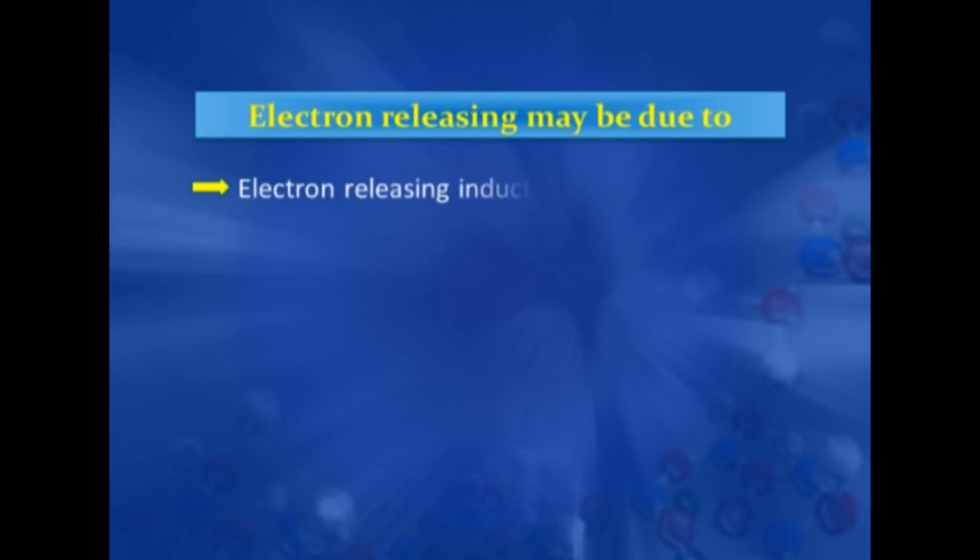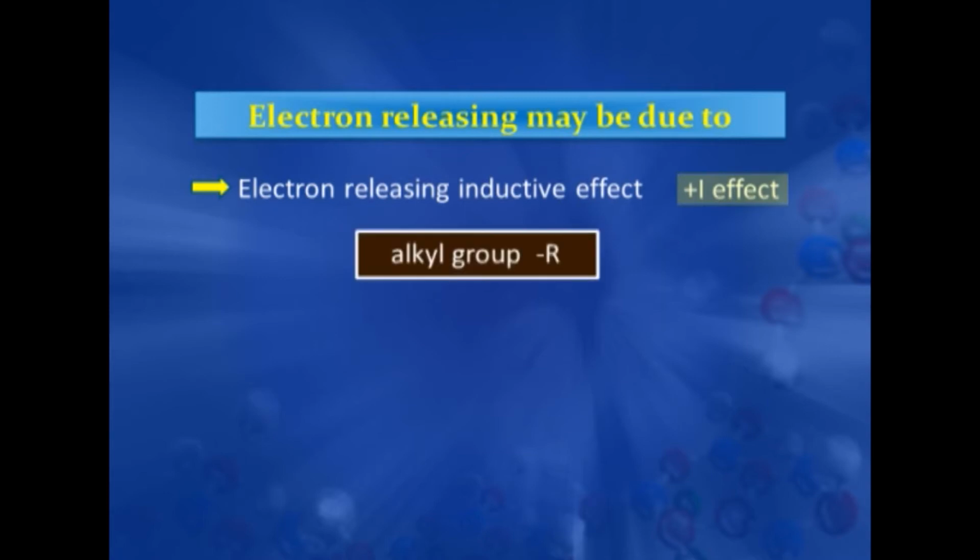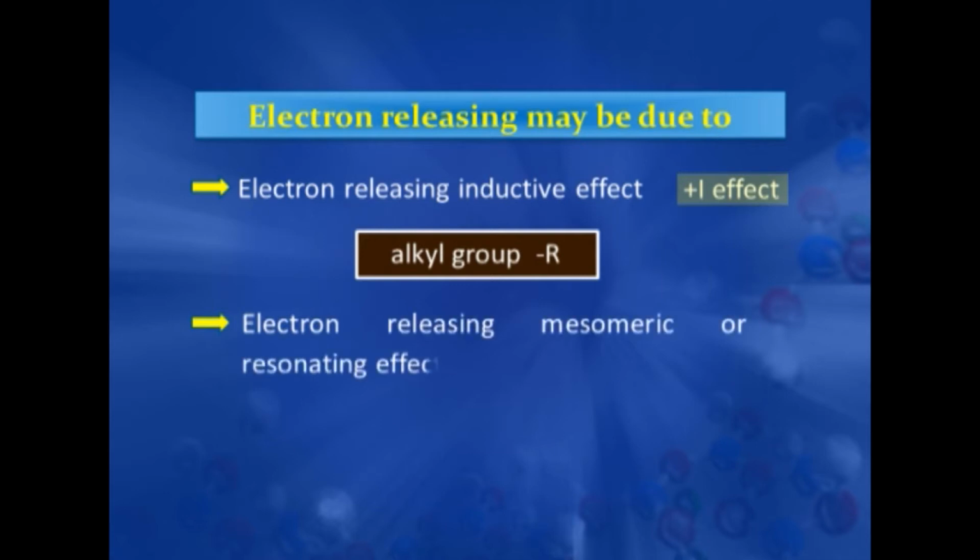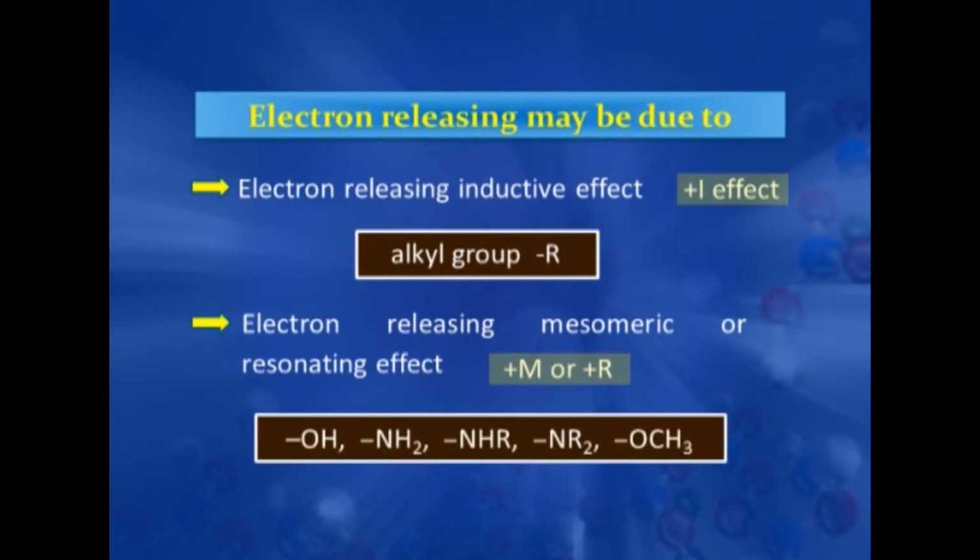Now, this electron release by these groups may be due to two effects. The electron releasing effect can be inductive, that is a plus I effect, for example alkyl groups. Or this electron release can be due to the mesomeric or resonance effect, that is plus M or plus R effect, for example OH, because all these groups have lone pairs of electrons available which can be donated to the benzene ring.